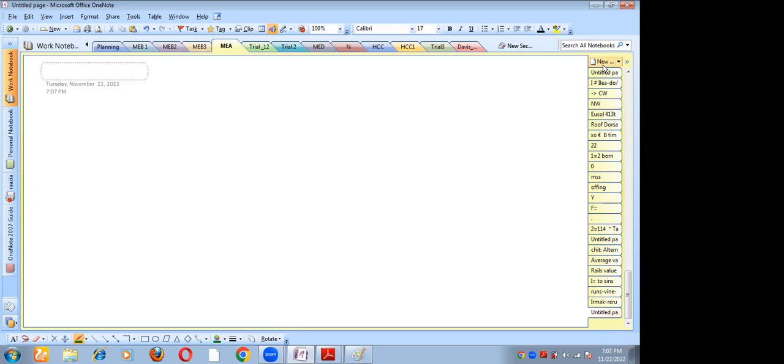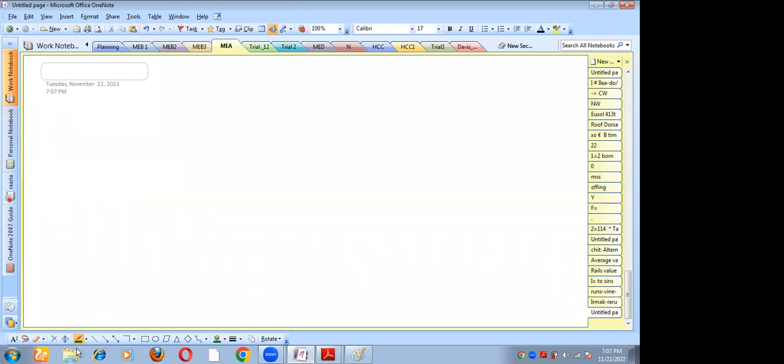Now we will know the behavior of alternating current with different circuits, how this alternating current behaves in a purely capacitive circuit, purely inductive circuit, and purely resistive circuit. So we are going to see that.